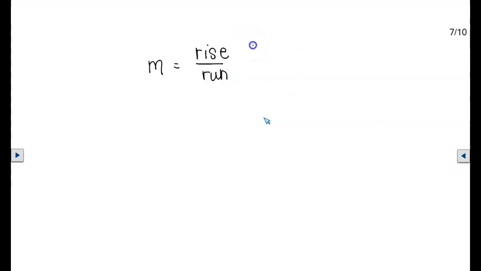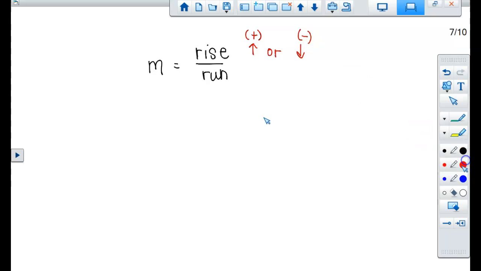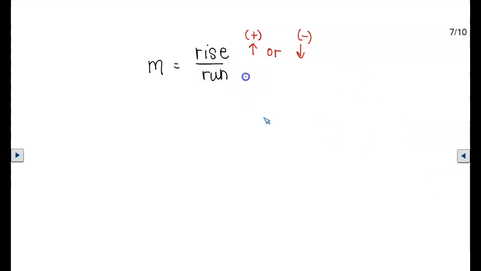Rise can go up or down. Up is positive, down is negative. Run can go left or right. Left is negative, right is positive.